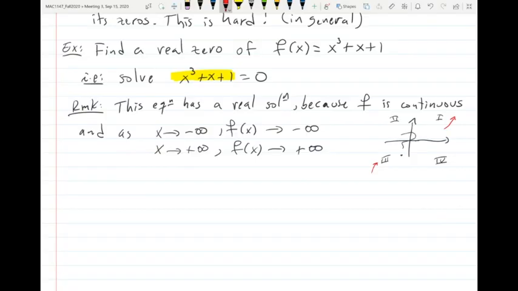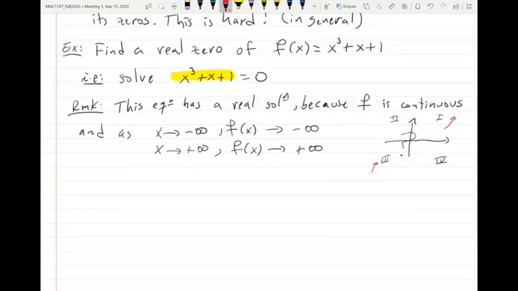So what happened? We started below the x-axis, and then we finish above the x-axis. And remember, whatever you do when you graph this function, you cannot lift your pencil. So what do you think is going to happen at some point? What are you forced to do? At some point, you're going to be forced to cross the x-axis, right?